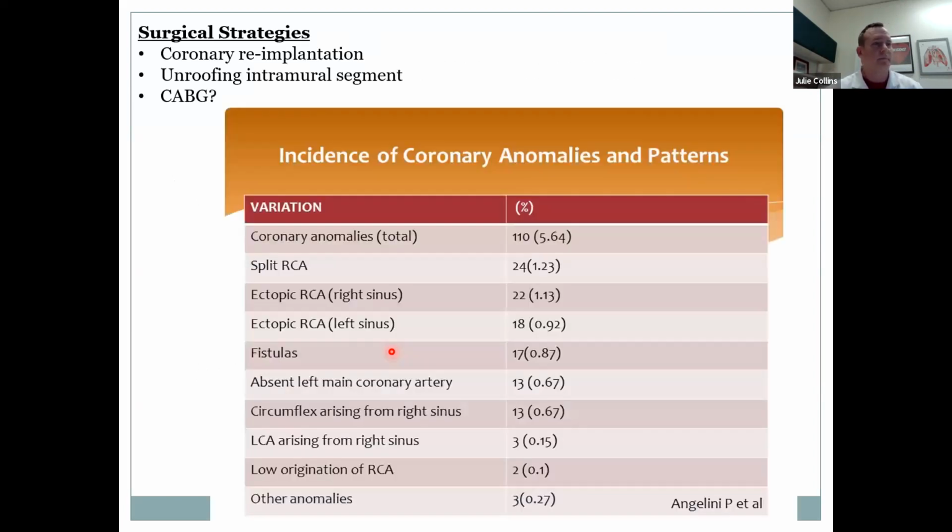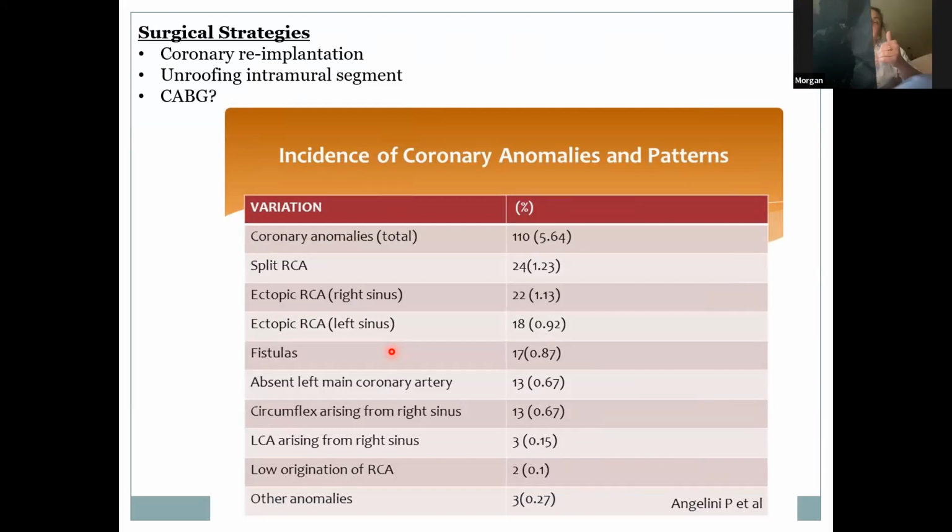Hey Dave, I have a question. Yes. The second semester, I was able to see a case where somebody had a left coronary anomaly coming off the right main coronary artery. Well, that's ALMCA.